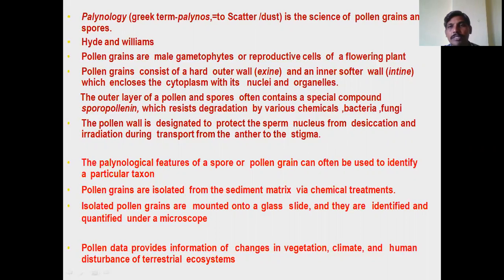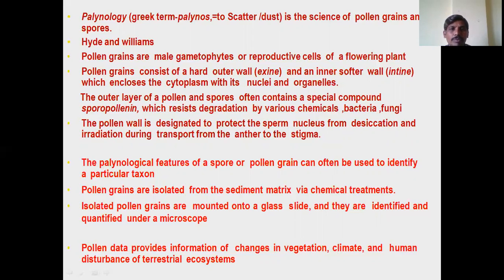Pollen grains are considered as male gametophytes or reproductive cells of a flowering plant. Normally, pollen grains consist of a hard outer wall, that is exine, and another inner soft thin wall, the intine, which encloses the cytoplasm with its nuclei and cell organelles.